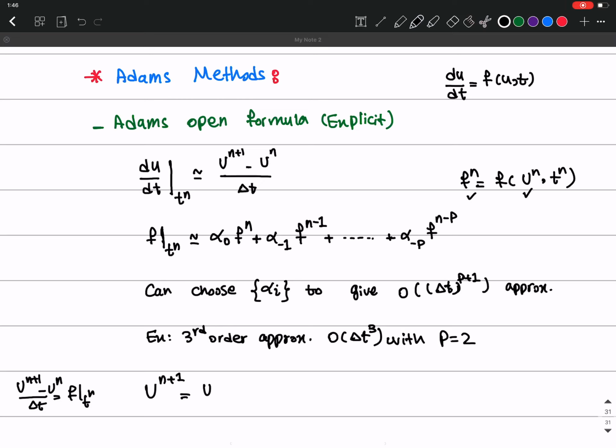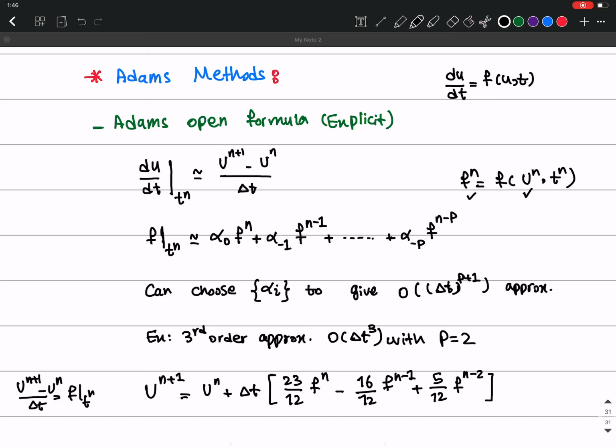It's going to be u n plus delta t times, and for the alphas I'm going to choose these values: 23 over 12 f evaluated at n, minus 16 over 12 f at n minus 1, plus 5 over 12 f at n minus 2.